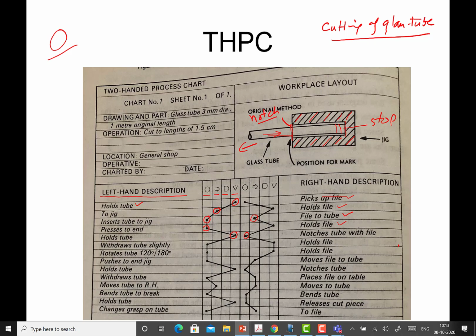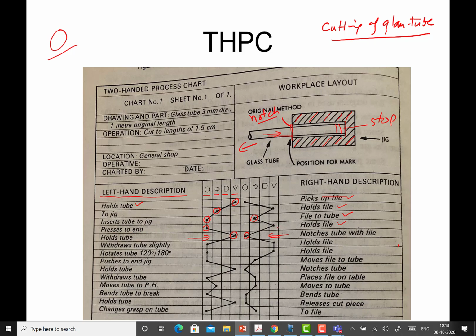So when the two hands are doing something at the same time, they will be recorded at the same level. So here the tube is held by the left hand and the notch is being made by the right hand using the file. Okay, and before that presses to the end and holds the file.